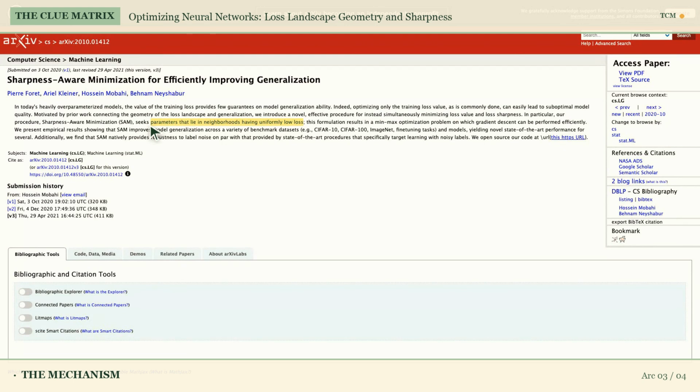This peeking is like actively probing the immediate surroundings of a potential minimum. It's an analogy for how the algorithm mathematically evaluates the loss at slightly perturbed parameter values, not literally looking. It seeks parameters that lie in neighborhoods having uniformly low loss.